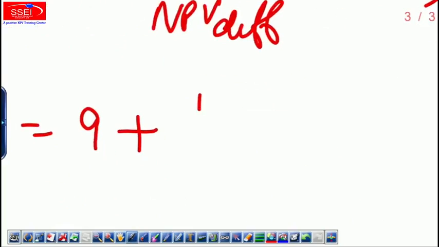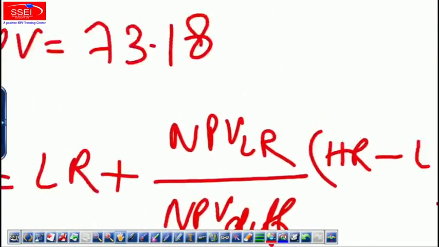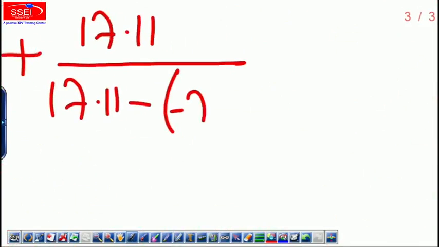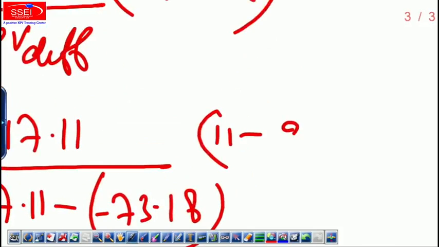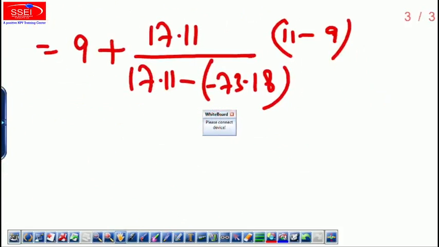I don't like all this, but I'm just doing it because they do it this way. Divide by 17.11 minus what was the other NPV? Minus of minus 73.18, the whole into higher rate minus lower rate, 11 minus 9. So if you're not liking it, don't blame me. They should leave finance, the Institute.